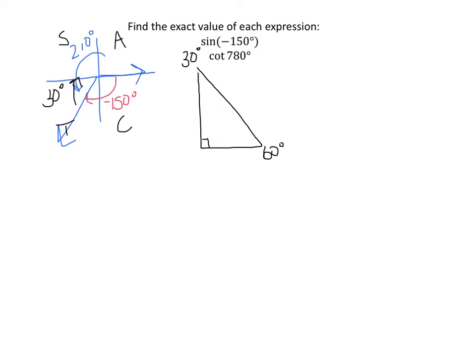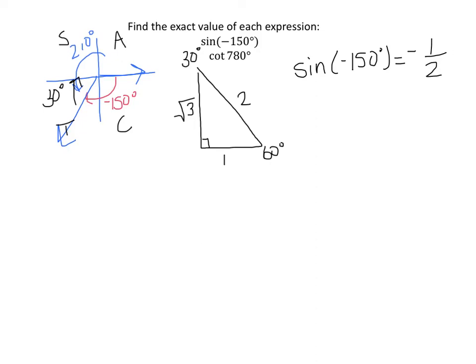The ratio was 1 to square root of 3. Sine is opposite over hypotenuse. So the sine of negative 150 degrees will be negative 1/2.